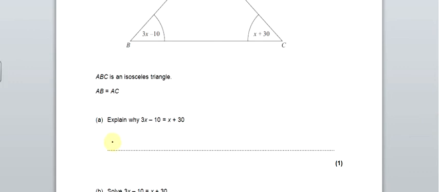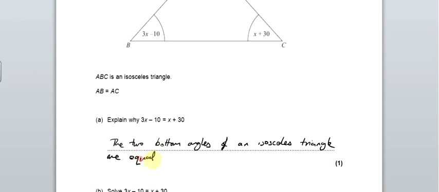It's because the two bottom angles of an isosceles triangle are equal. Okay, and because they're equal, this is one of them and this is the other, so they equal each other.